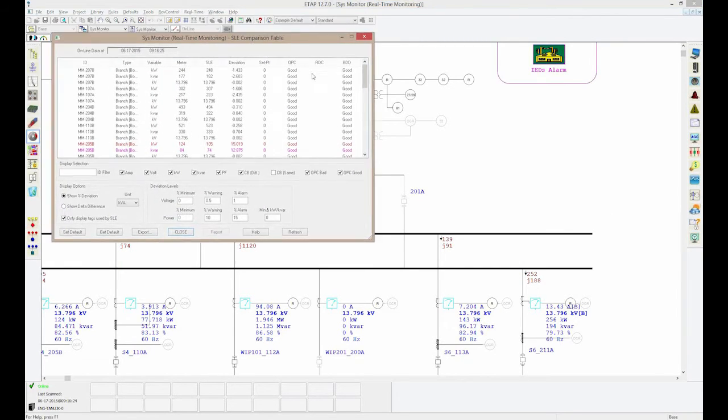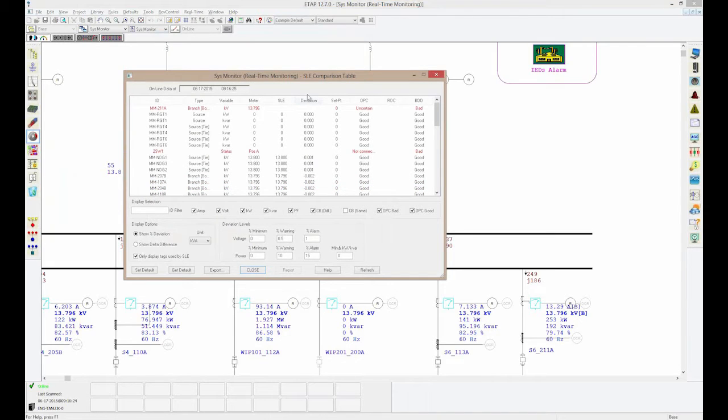So it happens to all of us who are involved in power system analysis. Whenever we are working with an electrical model, the model is only as good as the quality of data plugged into the network. And what this tabular view shows us at every instance in time is where is the meter value that's coming from the actual system, and what is the estimated value based on my electrical model.